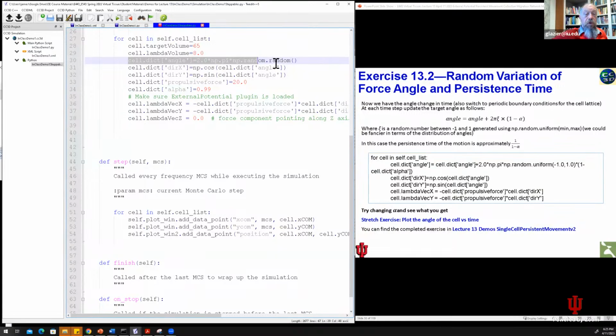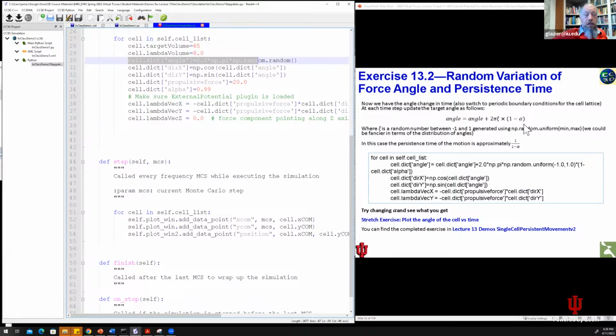This is a little bit more interesting a simulation. Now you could pick a lot of different ways for the angle to shift in time, but here you have something rather simple, which is, again, if alpha is 0, then the angle is randomized at every time step.